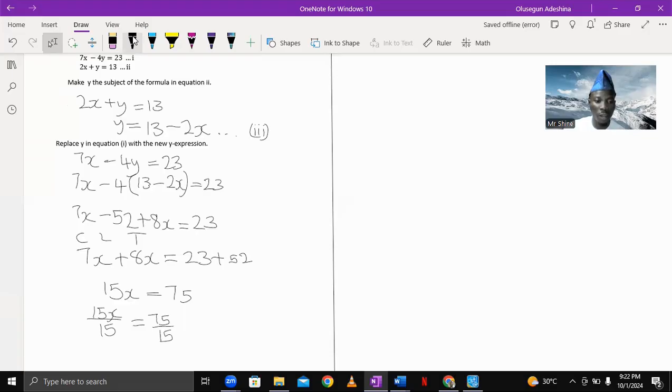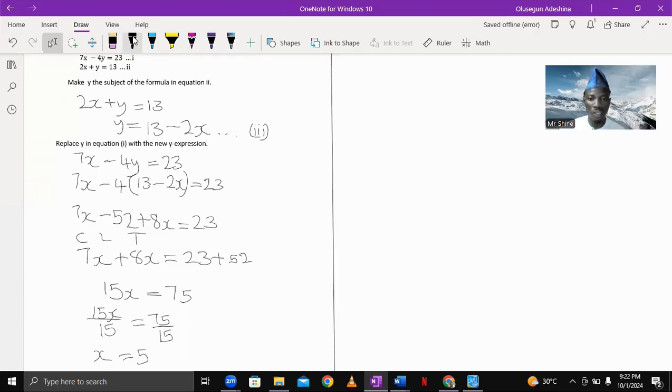On the left-hand side, we'll be left with x, while on the right-hand side, 75 divided by 15 gives us 5. So our x is 5. The value of x is 5. That is what that means.